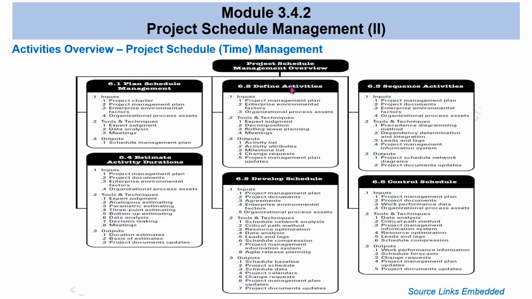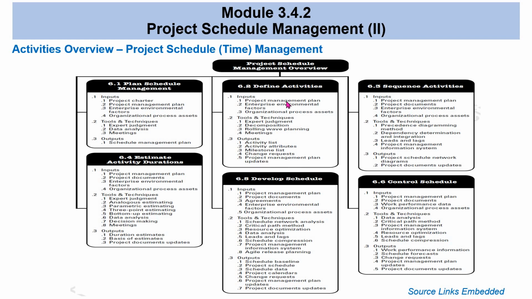Defining what activities you need to do is also a process where you get the inputs you need, which is, for example, the project management plan, and the tools you need to analyze that, and then come up with activity lists and attributes as well as milestones, and update the project management plan.